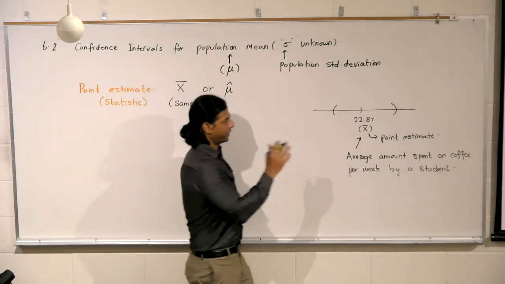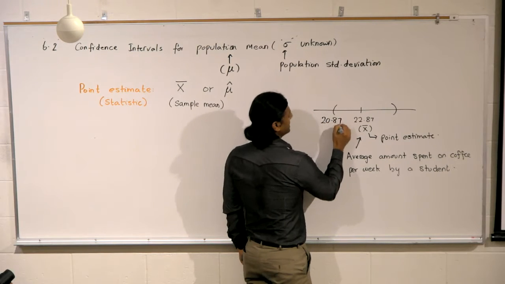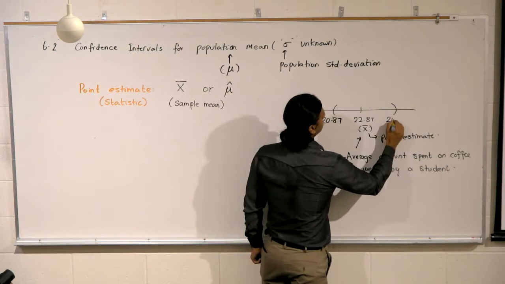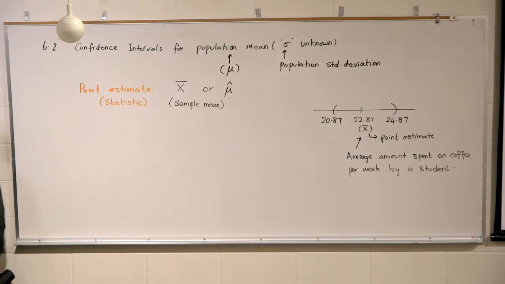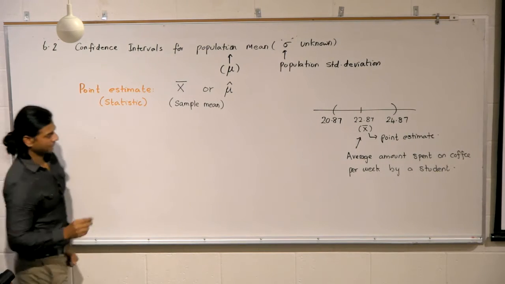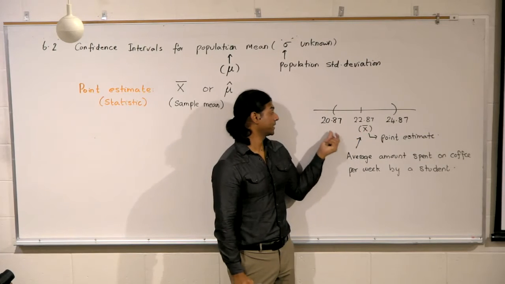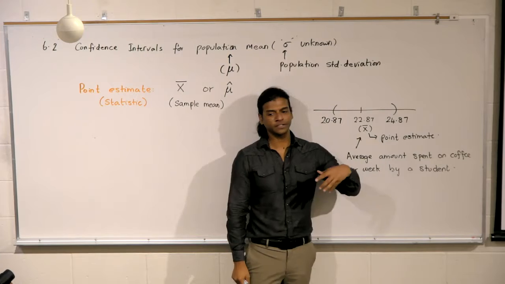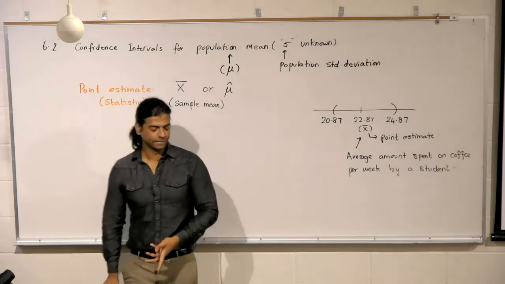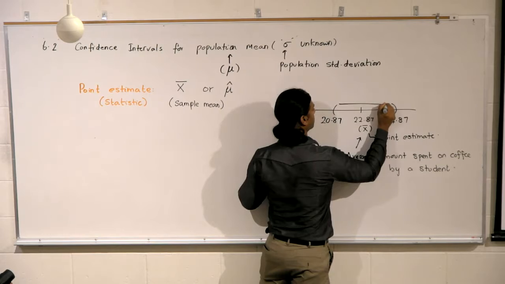And I could say perhaps 20.87 and 24.87. Good. So a point estimate is a single point, and an interval estimate is from $20.87 all the way up to $24.87. And let's say I have 95% confidence.